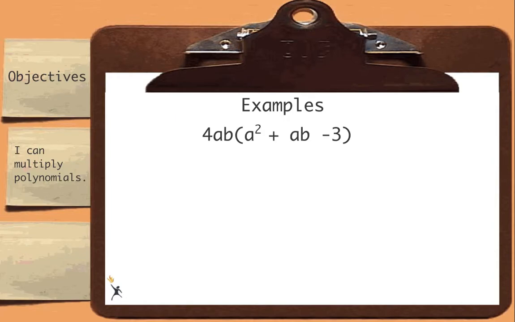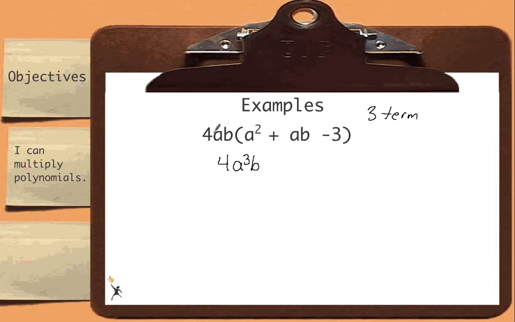Now let's take a look at a slightly harder example. It doesn't change the rules. It has a trinomial instead of a binomial because we have 3 terms. So that's why we call it a trinomial. We're going to follow the same rules. We're going to pretend that we're just doing individual sets of monomials. 4ab times a squared. I can combine the a's to give me 4a cubed b.